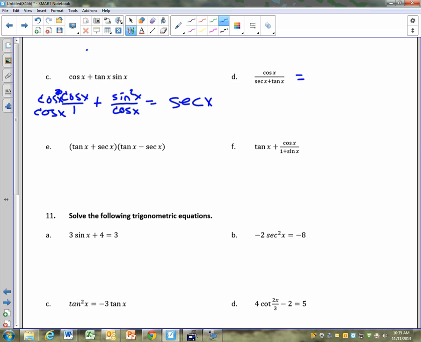We'll just go through this. So we got cosine of x over 1 over cosine of x plus sine of x over cosine of x.